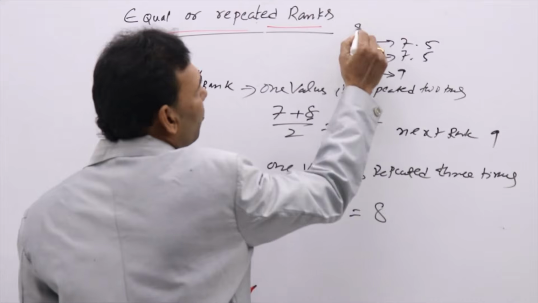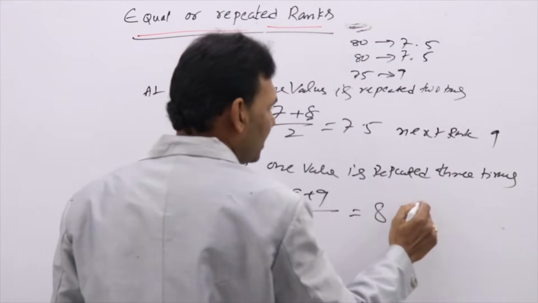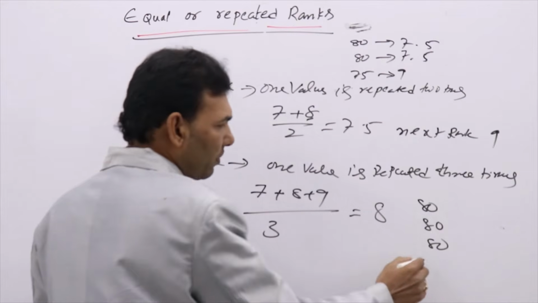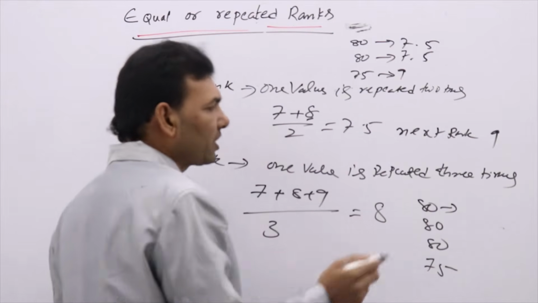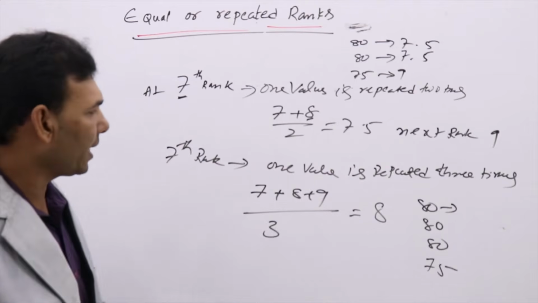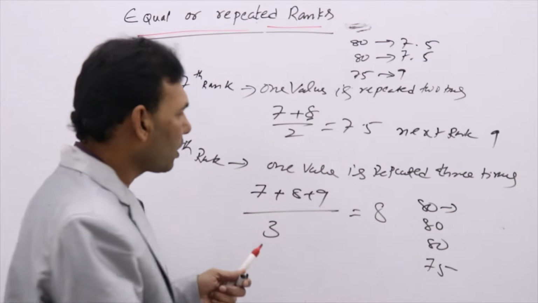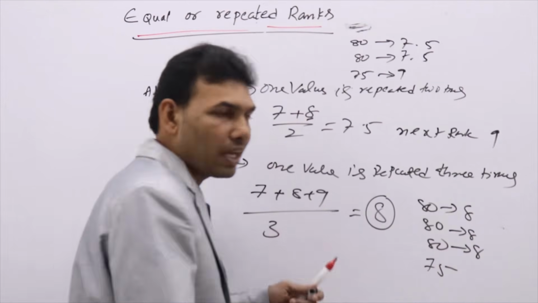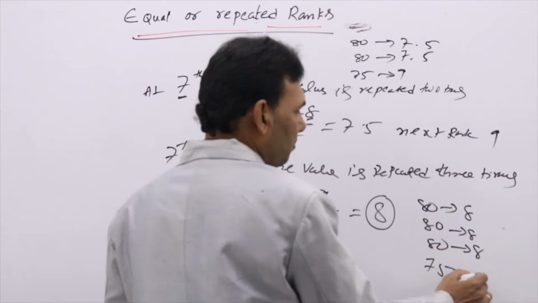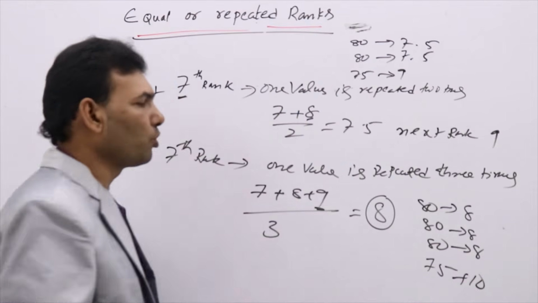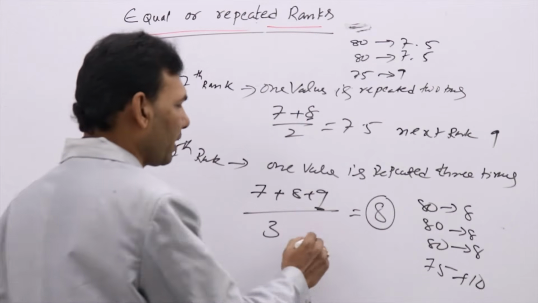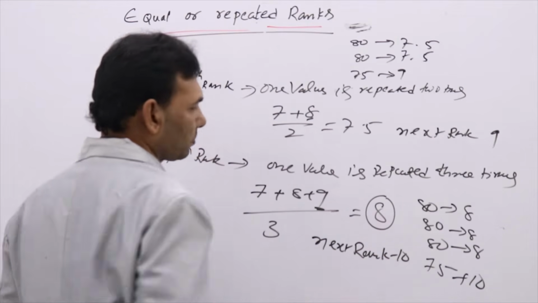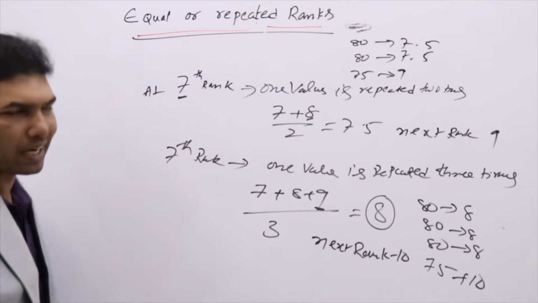Then, for example, if you have one more 80, this is the situation. Here you need to give 7th rank, but a tie is there. Then take the average of 3 values. Now give rank 8 for these 3 values. The next rank will be 10 because up to 9 is assumed. Like this one can evaluate ranks.